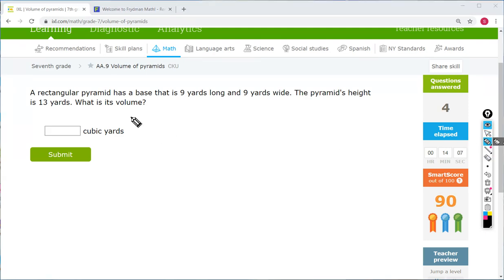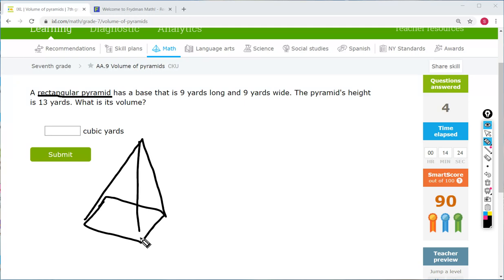But you do have to be careful here because this says a rectangular pyramid. What does that mean, a rectangular pyramid? That means that the base of the pyramid, in this case, is a rectangle, not a triangle. So it's similar to the first question that we did in this video, where the base was a rectangle instead of a triangle.